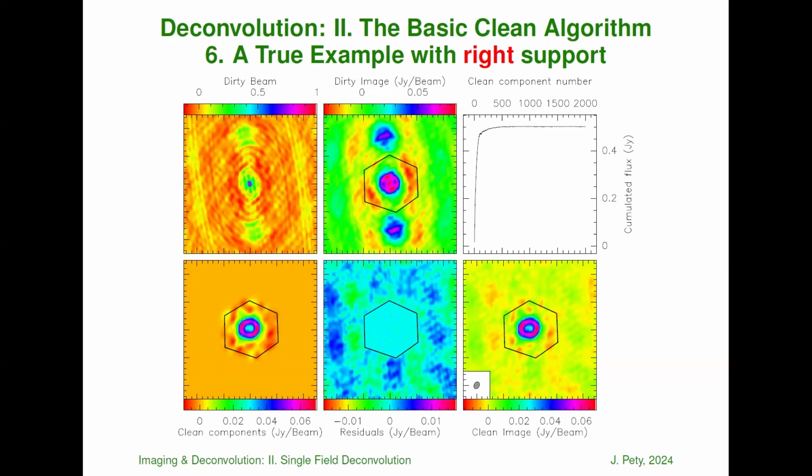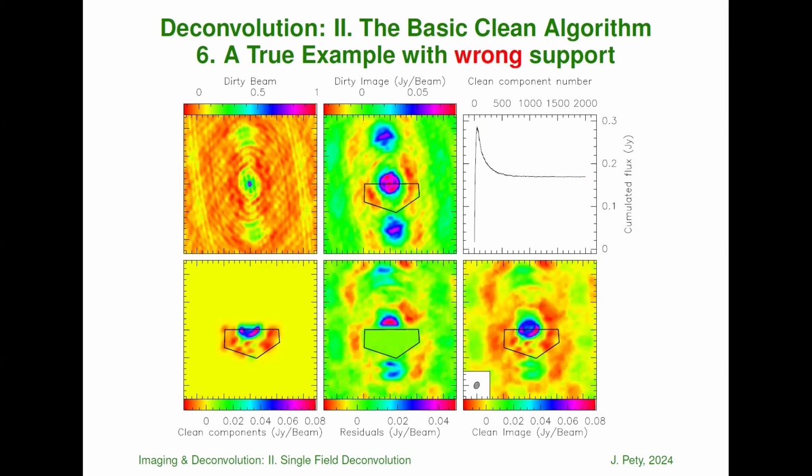Now, this is an obvious example. But let's assume that we made a mistake and we define a support only on the lower part of your source. You see that we screw up your clean image completely.